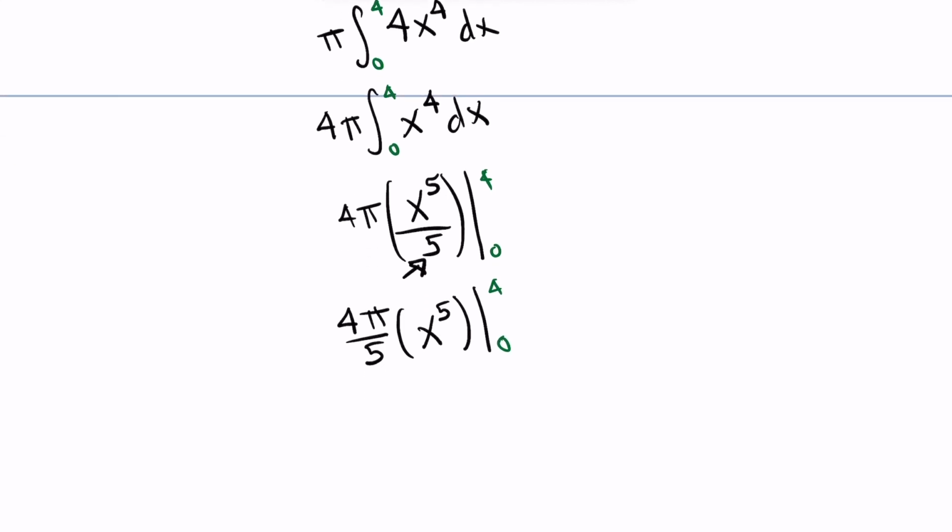Okay, let's go ahead and put the bounds into the integration. So we got 4 to the 5th minus 0 to the 5th. So we got 4 pi over 5, the constant. So 4 to the 5th is 1024 minus 0.